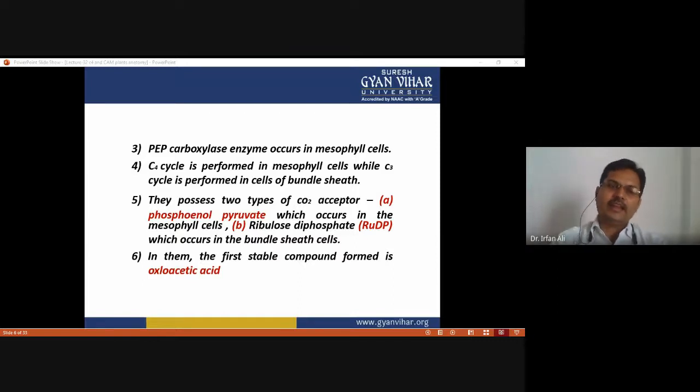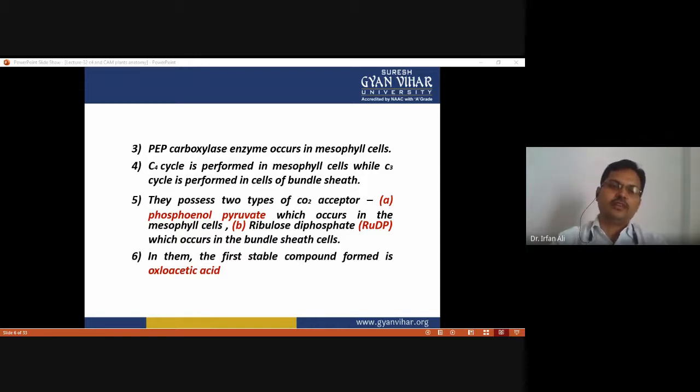Another molecule is also found in the C4 plant, but it is found in the bundle sheath cell, that is ribulose diphosphate, RuDP, which occurs in the bundle sheath cell.